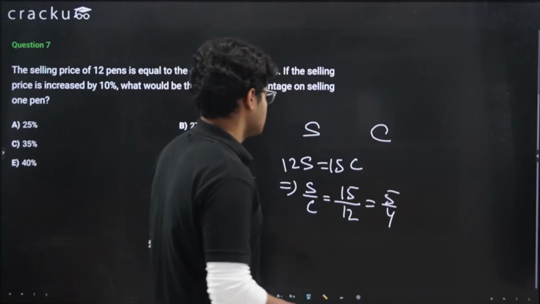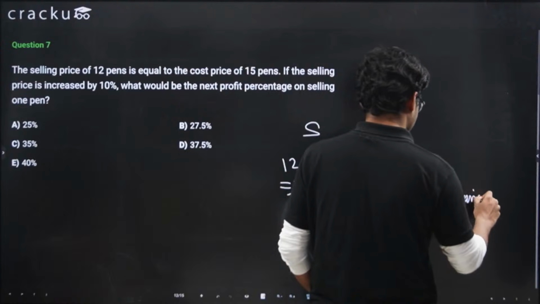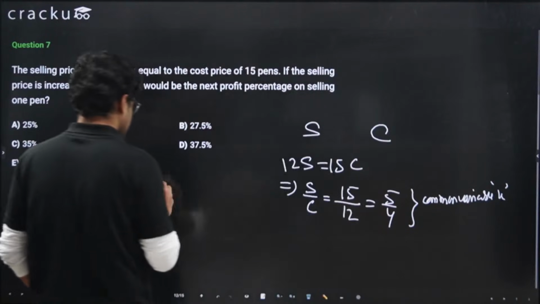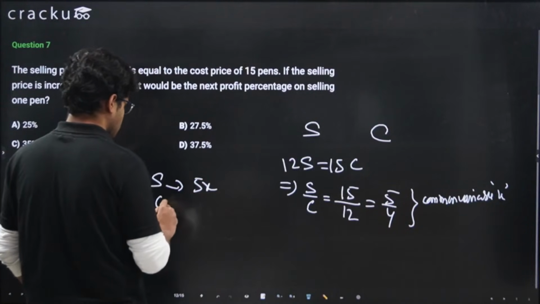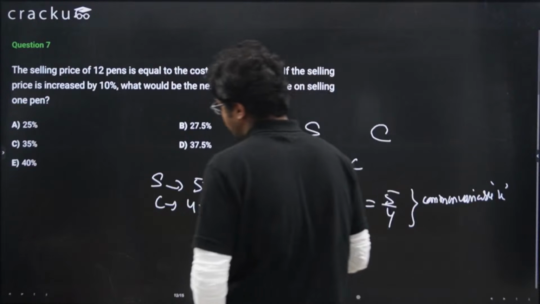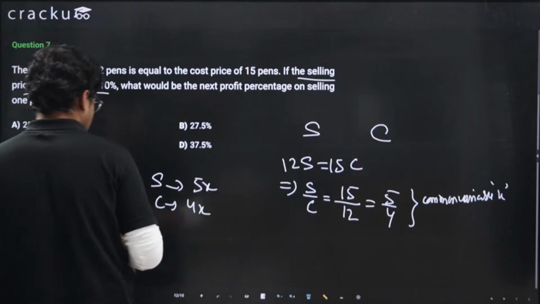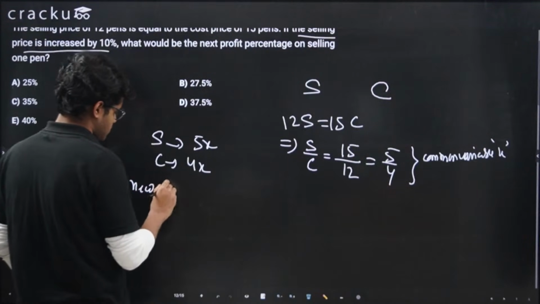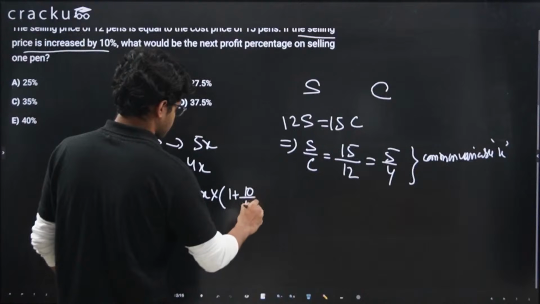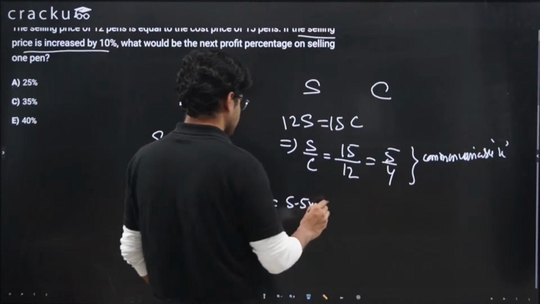So I can consider the common variable to be X, which means the selling price is 5X, cost price is 4X, right? Now the selling price is increased by 10 percentage, which means what is the new selling price? New selling price is 5X into 1 plus 10 by 100, which is 5.5X, right?